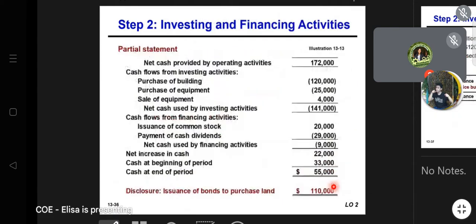Now, investing activities. So this is our net cash provided by operating activities, the first part. The second part is cash flows from investing activities. There was purchase of building.